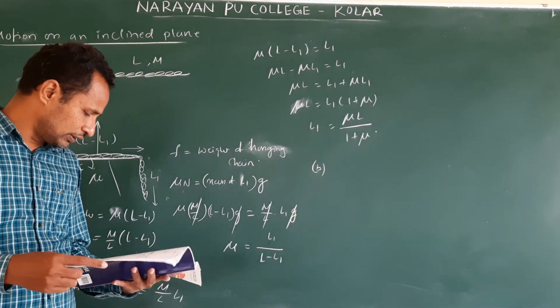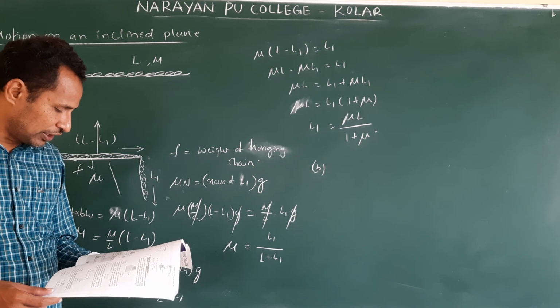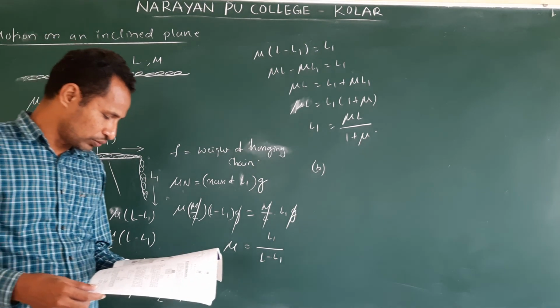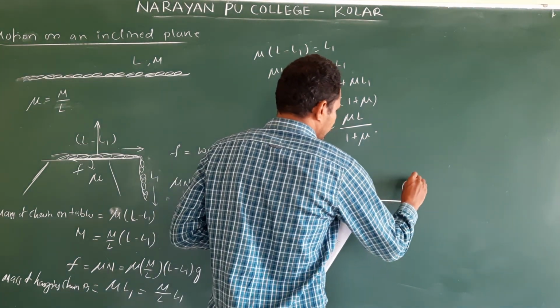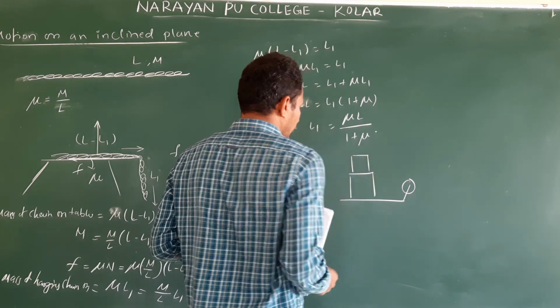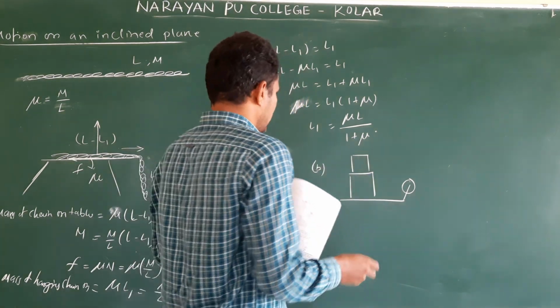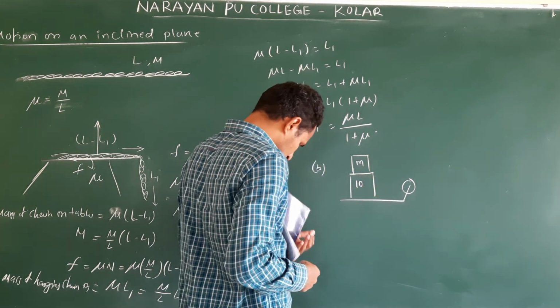Next, consider the situation shown in the figure. Find the minimum value of M so that the block does not move. Two blocks: they placed a small m on a 10 kg block.